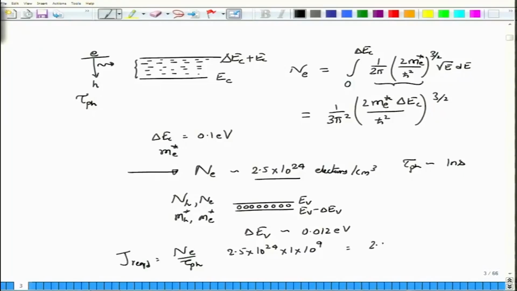So, this is about 10 to the power 33 electrons per centimeter cube per second. That is a huge amount of current density. All we said about semiconductors is that they have a reasonably small current requirement, but in this calculation they seem to require a large electron density or current density.